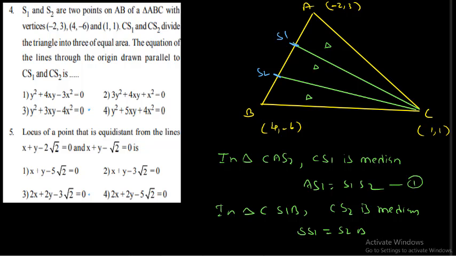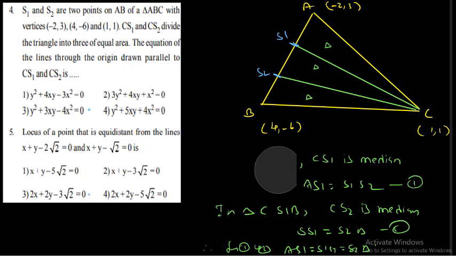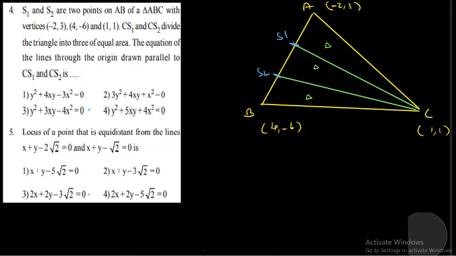So this is one result, and from that, S1, S2 are the points of trisection. Therefore from 1 and 2, AS1 equals S1S2 equals S2B. What is the meaning of that? They are the points of trisection. So S1 and S2 are the points of trisection.